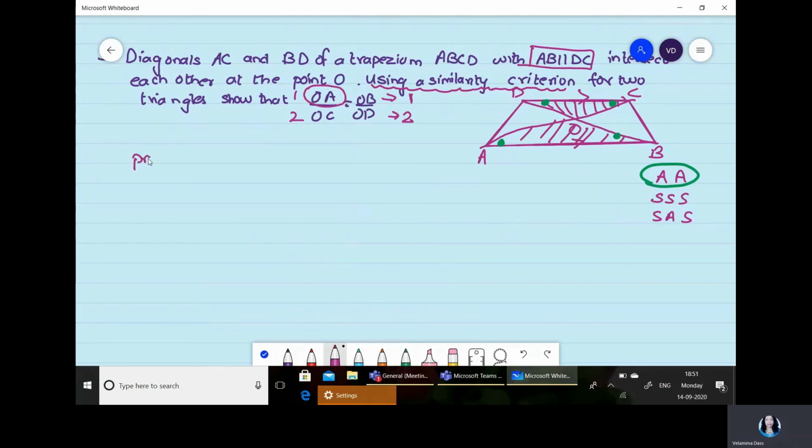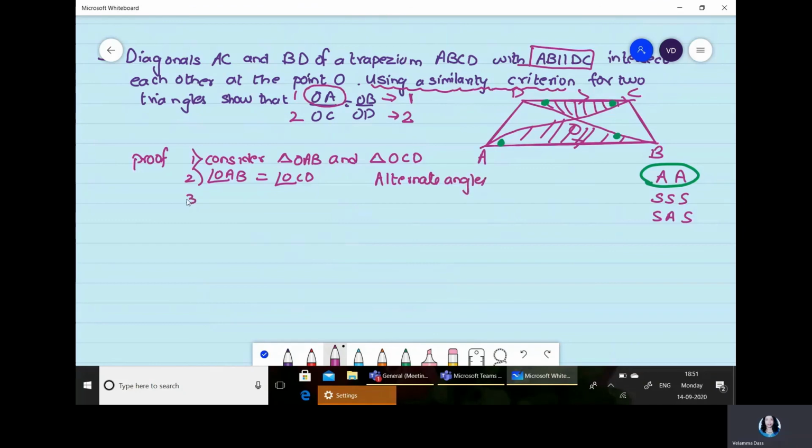So coming to the proof, we can write the first statement: consider triangle OAB and triangle OCD. If I consider both triangles OAB and OCD, I can say angle OAB is equal to angle OCD. You can say the reason is alternate angles.